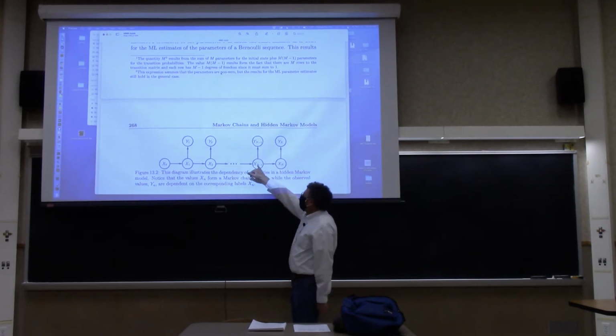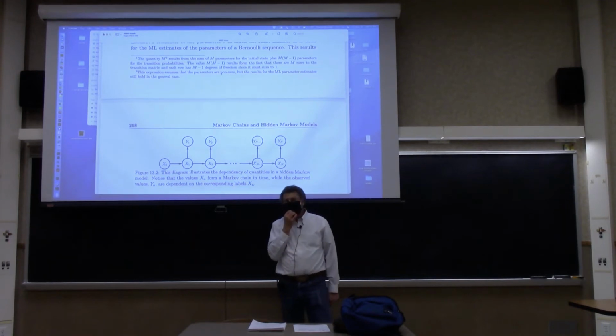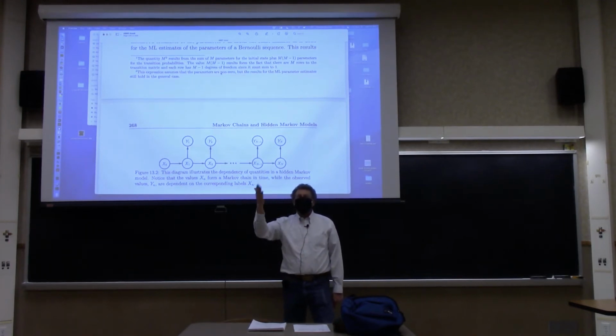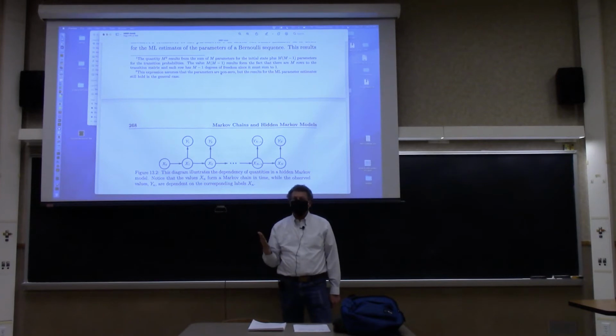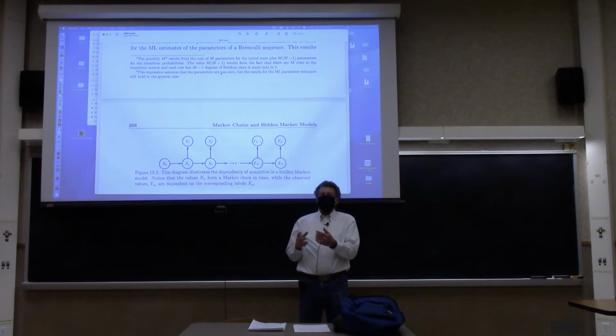So you can think of this as a generalization beyond Gaussian mixtures. Because now you're linking the states together in time. Remember before you kind of said, well, we have these states, but how are they related?